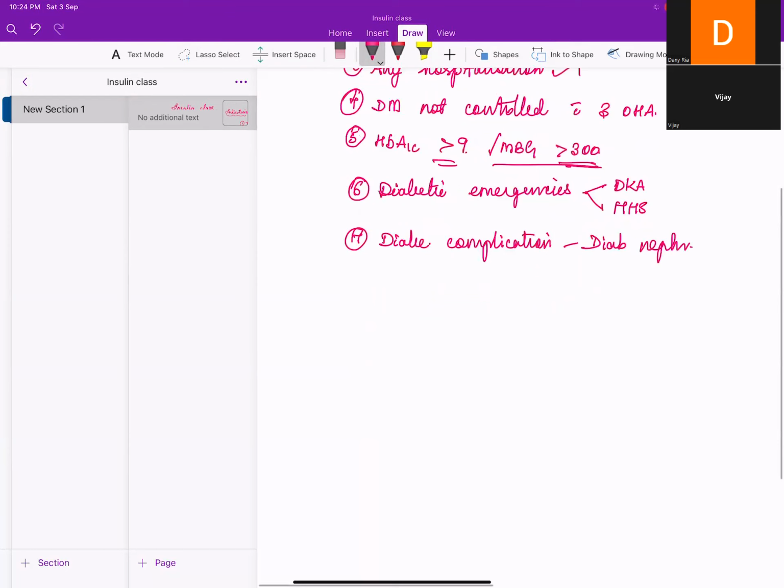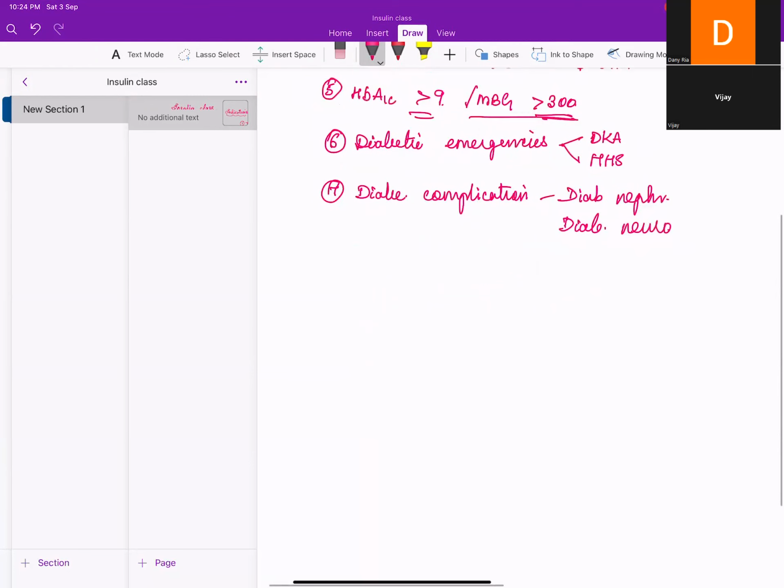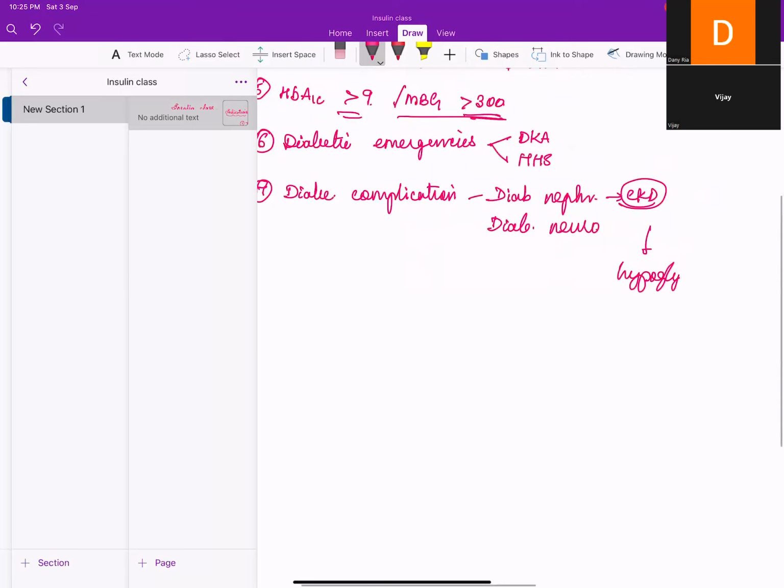Preferably you have to give insulin. But the ultimate aim of giving insulin is to prevent complications, so it is better to start insulin in the early stage of the complications to prevent progression. Once there is full-blown diabetic neuropathy or nephropathy, there is no point in adding insulin, because once diabetic nephropathy and CKD occur, this itself becomes a risk for hypoglycemia.